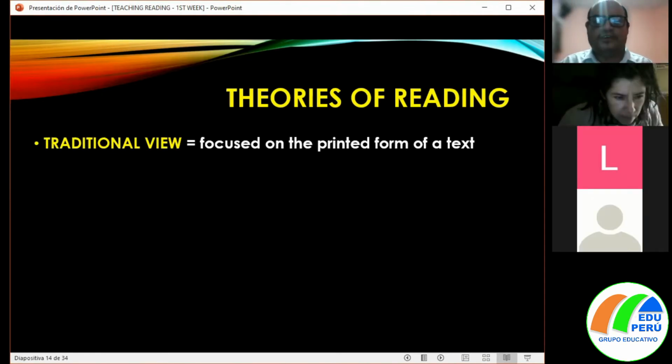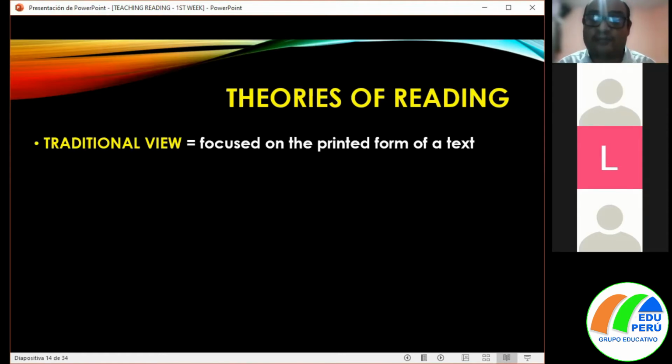The traditional view focuses on the printed form of a text. So the most important here is the text, not the person who reads the text. All right? This is the traditional view, focused on the printed form of a text.